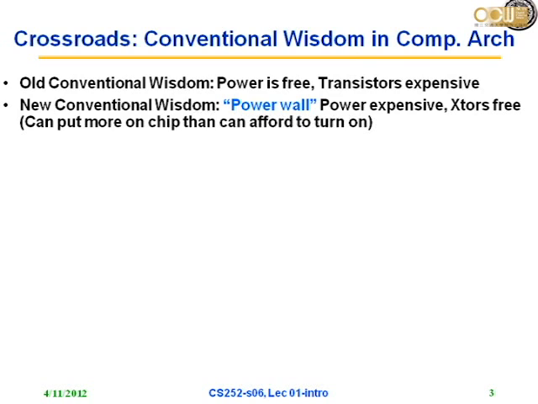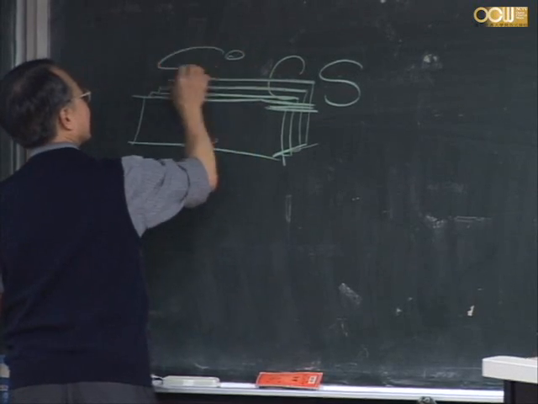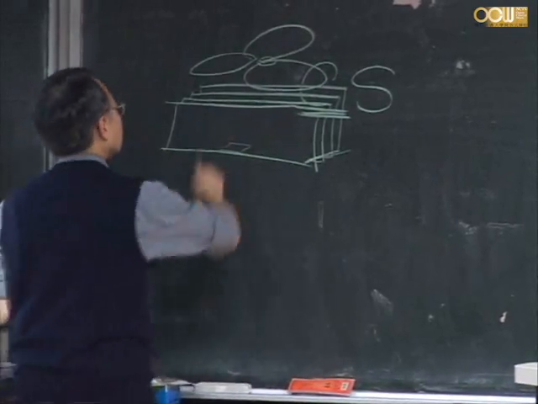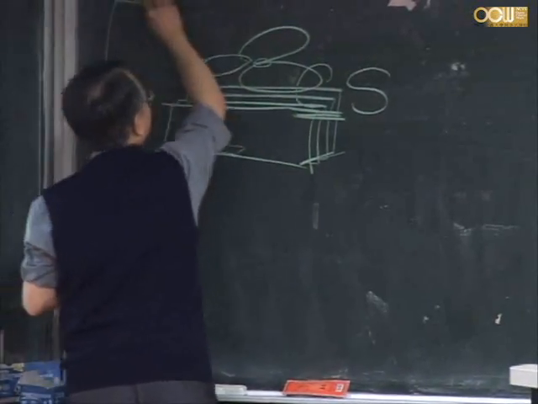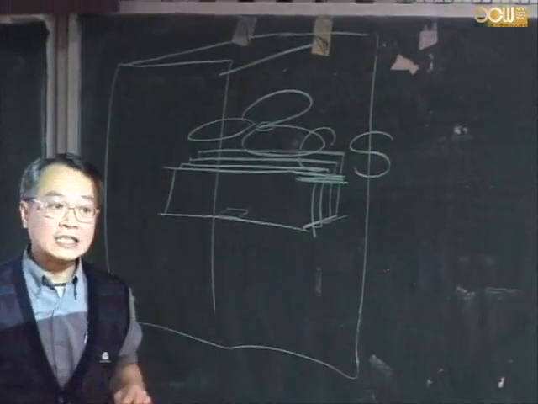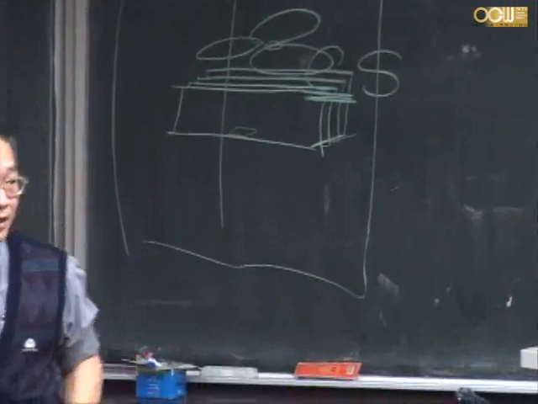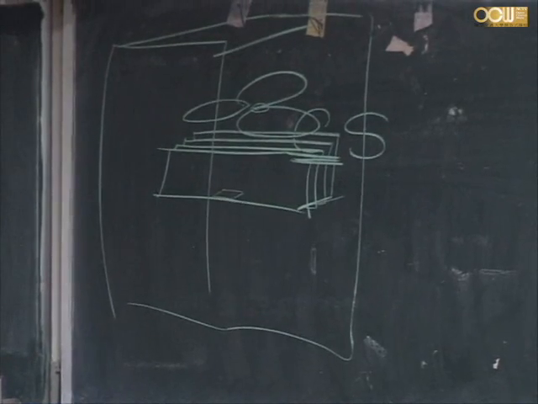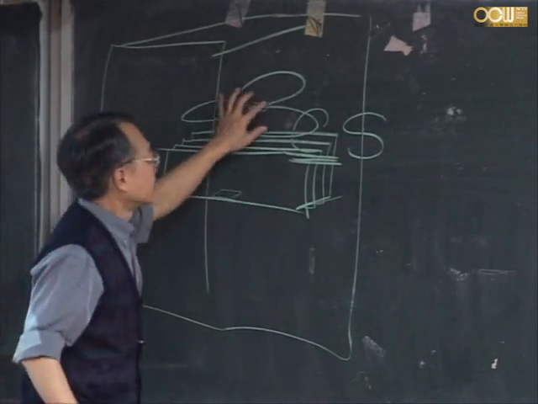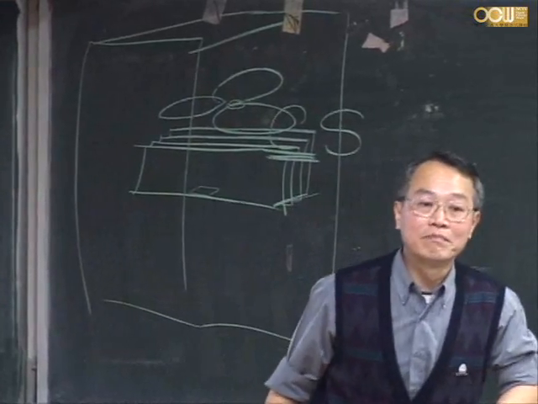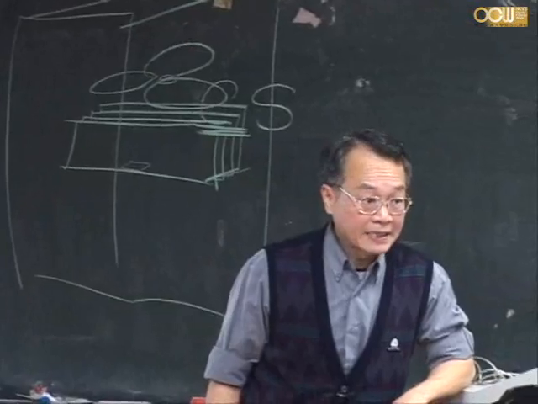A very huge heat sink, plus you put a big fan on it to dissipate power. Plus you need a lot of room, so you need a much larger chassis for your installation. All these are very expensive. If you want to burn more power on your digital system, you need this, and room, and your electricity bill. Very, very expensive.